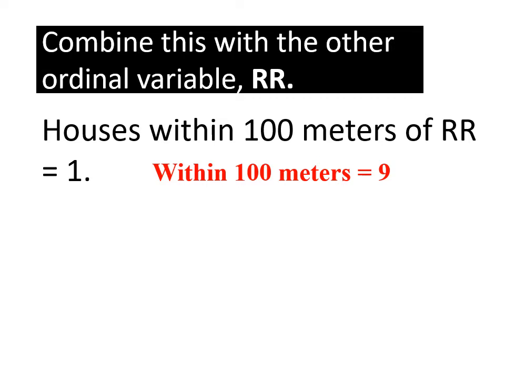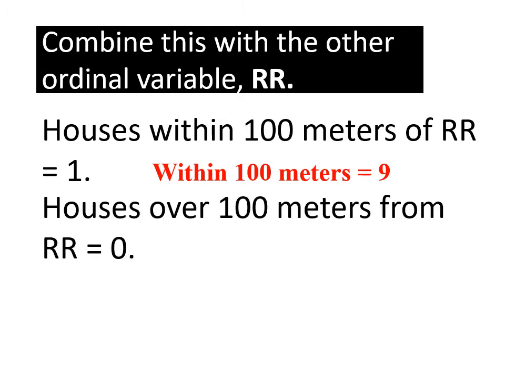So that's 9 houses. Which then, by the amazing power of deduction, means there should also be 24 houses that are beyond 100 meters from the railroad.